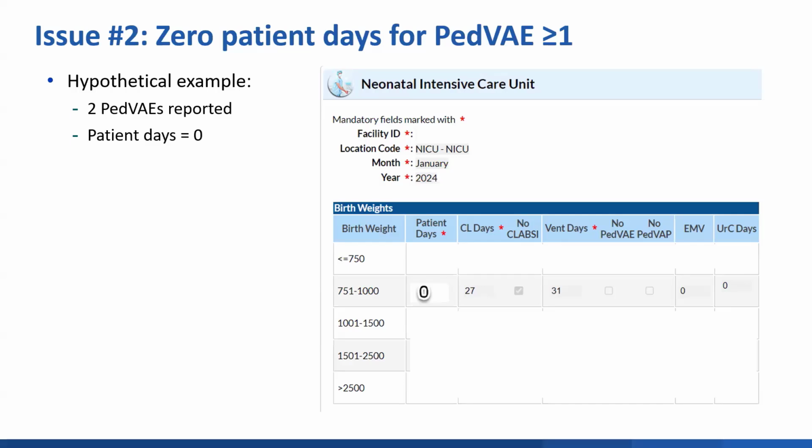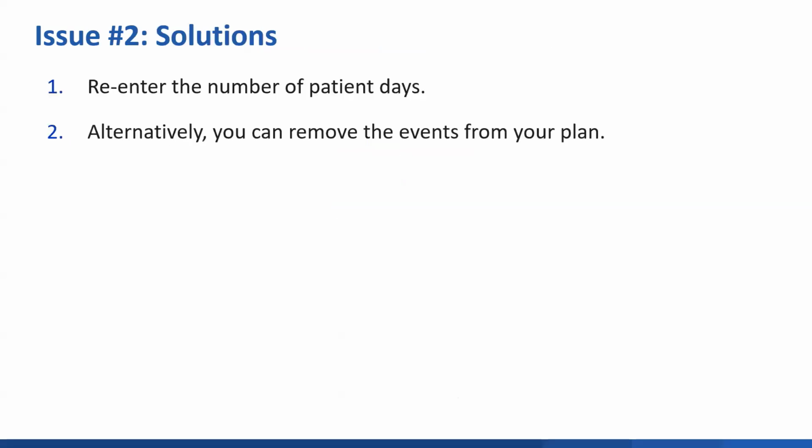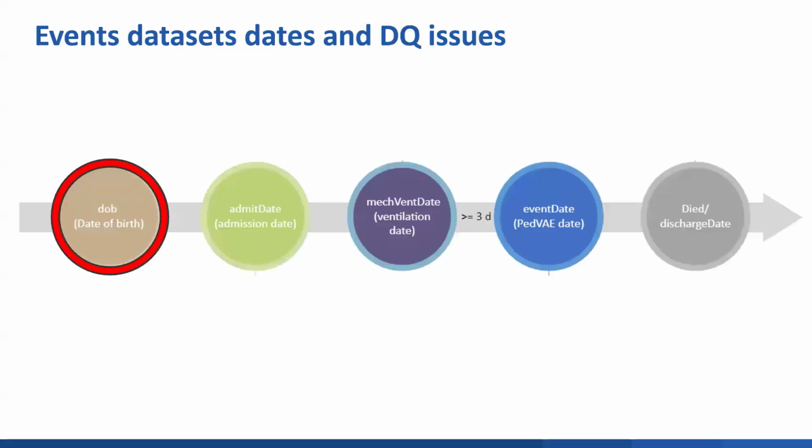However, the number of patient days were reported as 0, as you can see here on the right side of the screen. And the solutions are very similar to the first issue as well. You can either re-enter the number of patient days, or alternatively, you can remove the events from your plan.